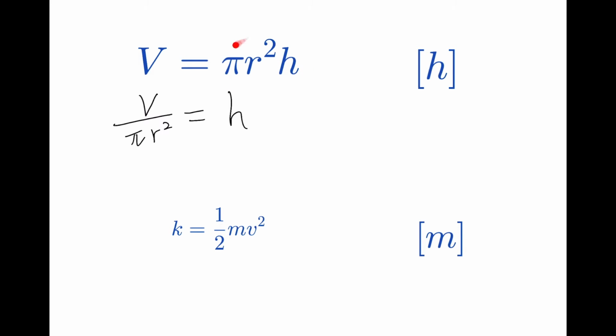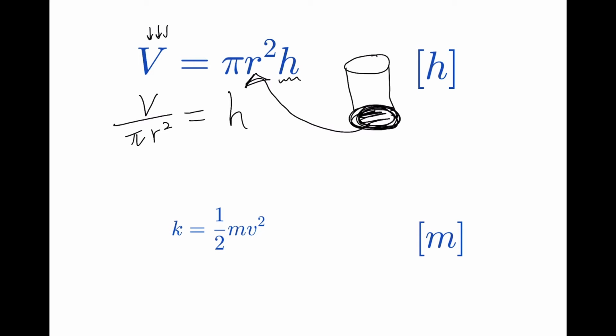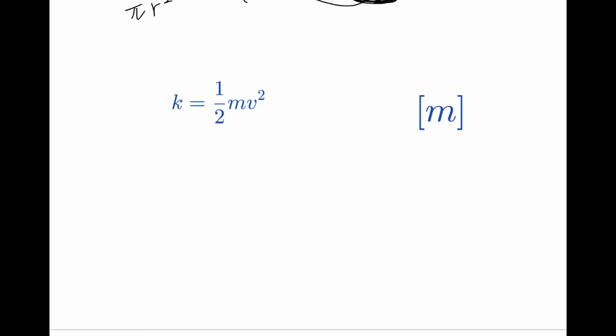Pi r square is the area of the circle and h is height, so pi r square h is actually the volume of a cylinder. Because its base is a circle, that's why we use pi r square, and then times height, you get the volume v.